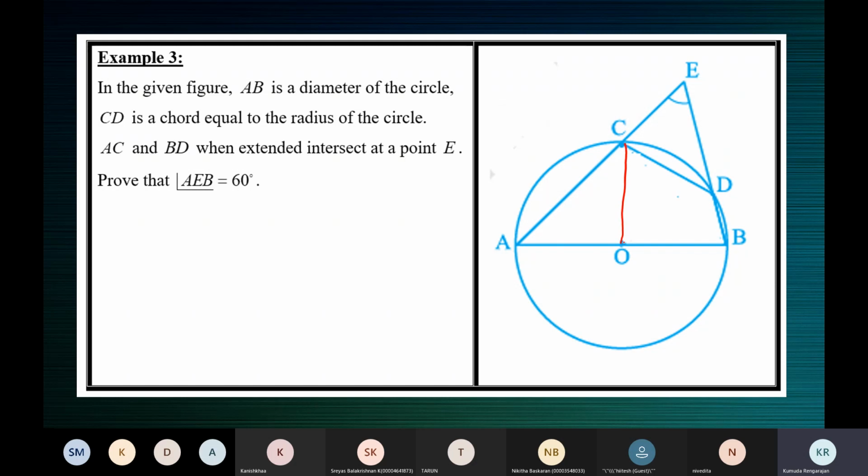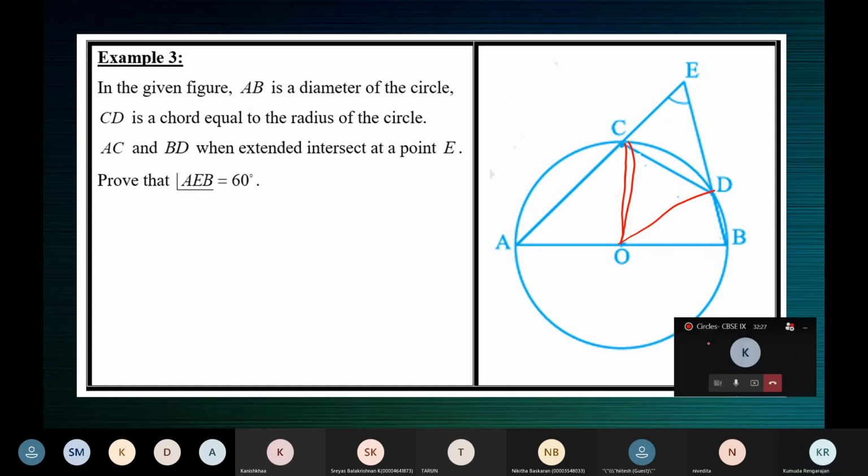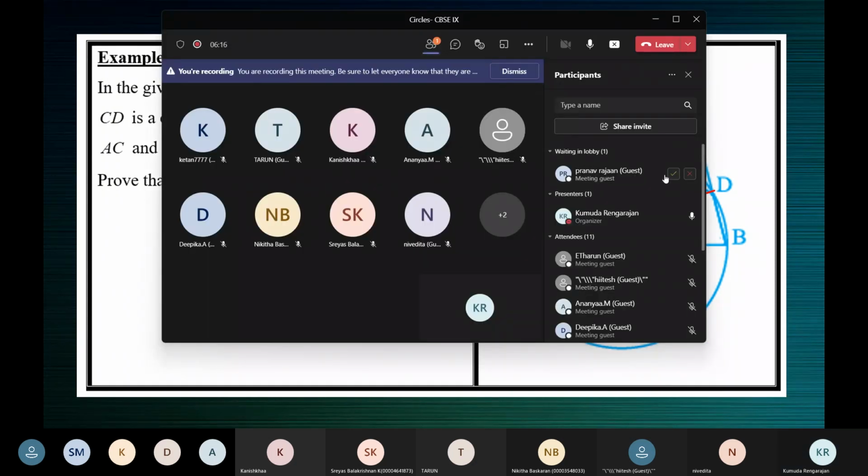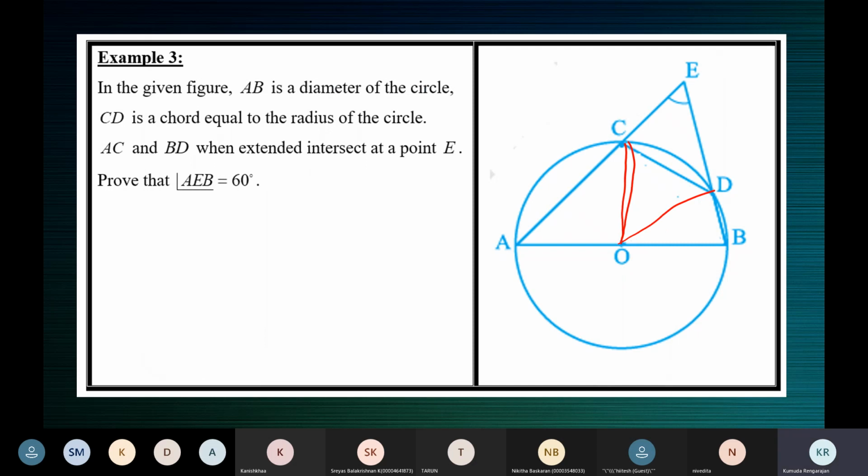You have to join from the center to get the radius. So let's join OC and OD.